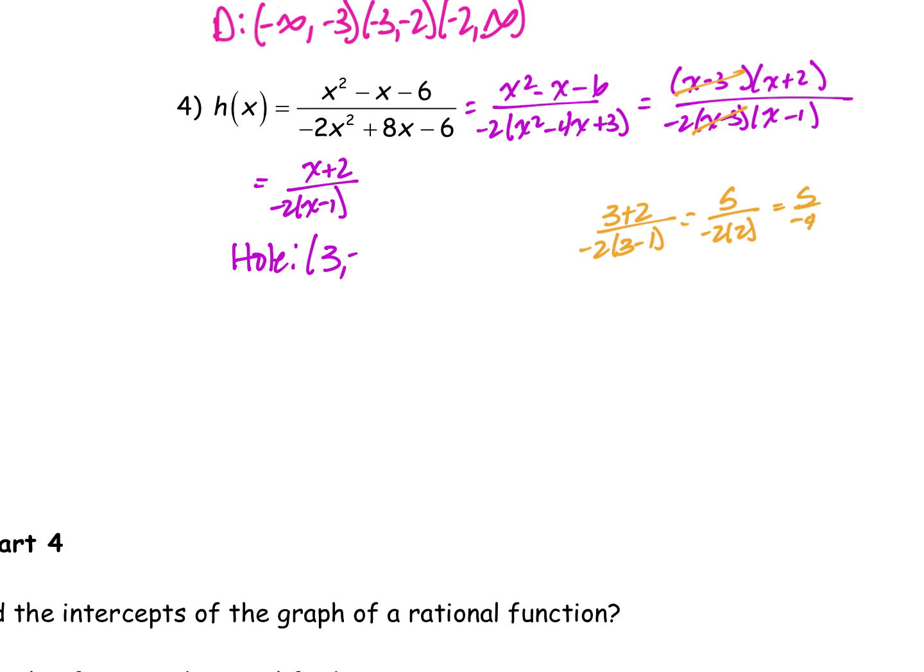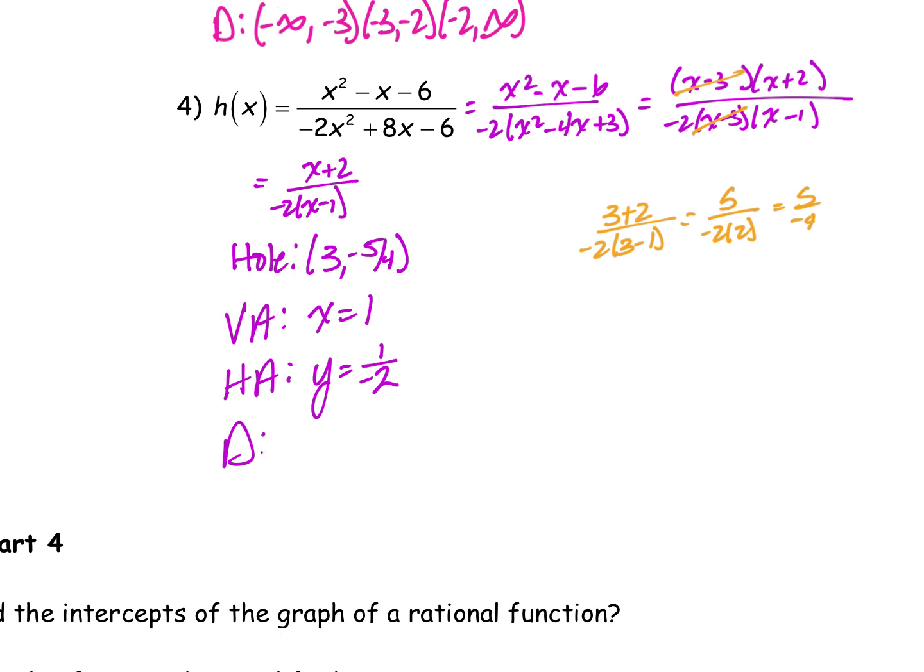So -5/4. Just vertical asymptote at x equals 1. Horizontal asymptote at y equals 1 over -2. And then, what's the last one?